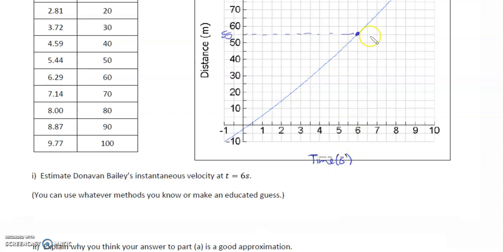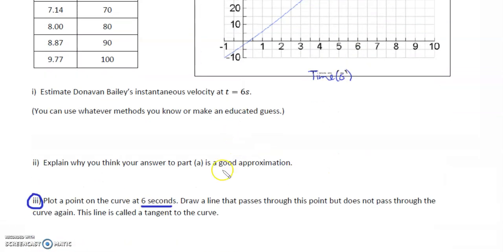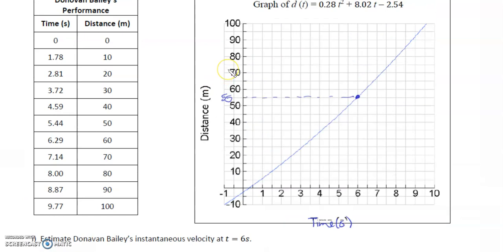That is real quick. So in C, I'm going to do C first. Draw a line that passes through this point, but does not pass through the curve again. This is called a tangent line. That's the entire purpose of doing an instantaneous rate of change, and next semester, this will be the basis of calculus. See how this curve curves up?